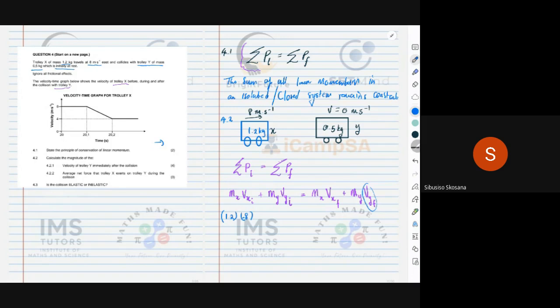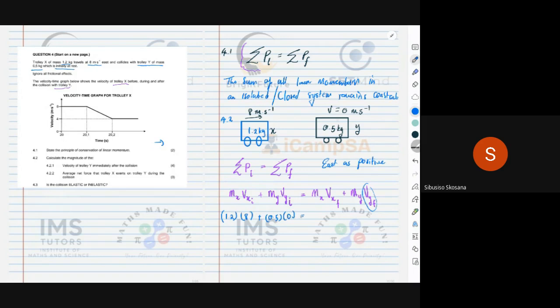Unless we are taking east as positive, then we can just put 8 here. So let's write here: east as positive. The direction, we're going to take it as positive. Then plus, this is at rest. Initially, this box here is at rest, so it's going to be 0.